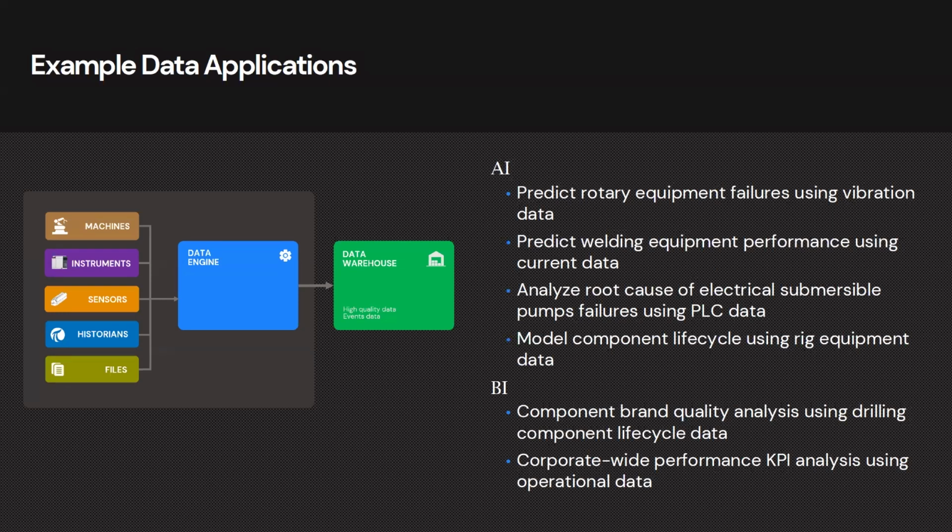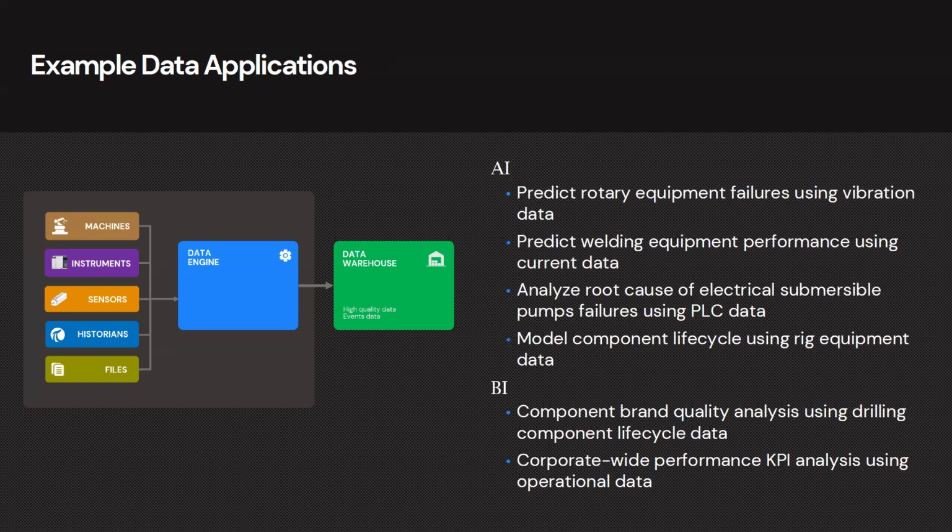So in addition to AI applications, a lot of BI applications also use edge data pipeline data extensively. Once you have those component lifecycle models, you can also predict or analyze which component brand is better than other brands. That helps you to select what components to buy.